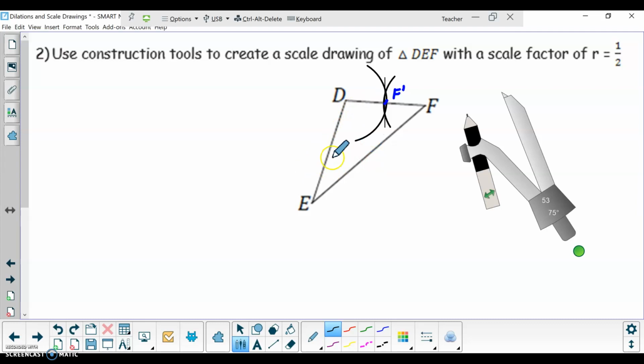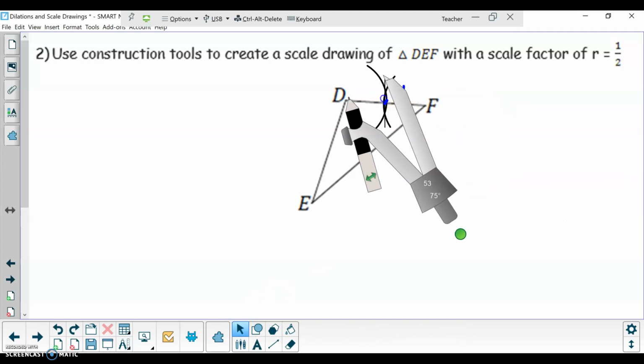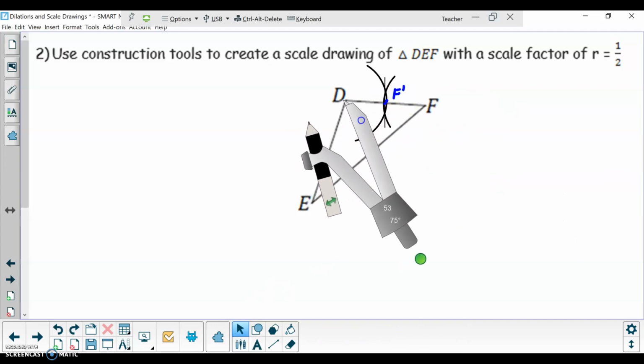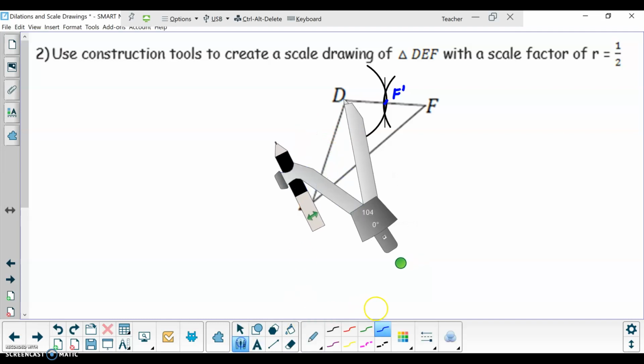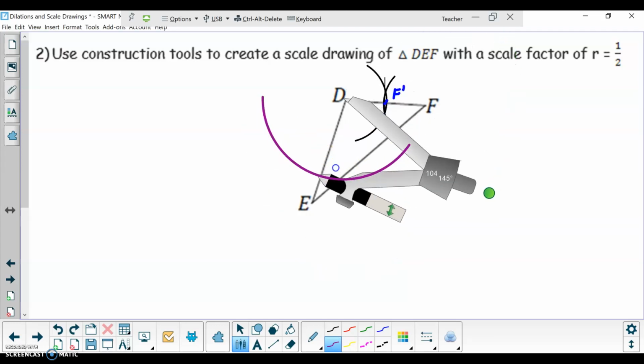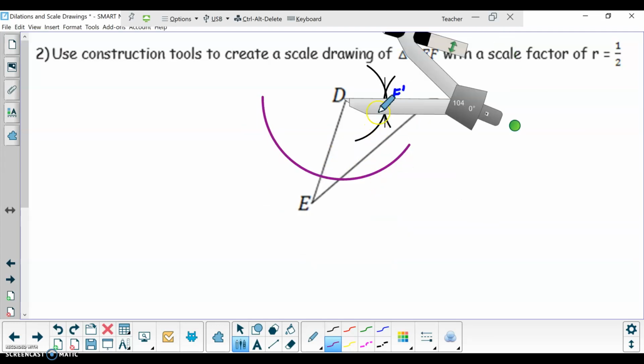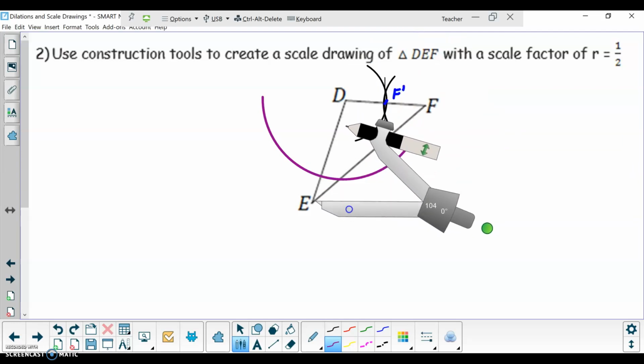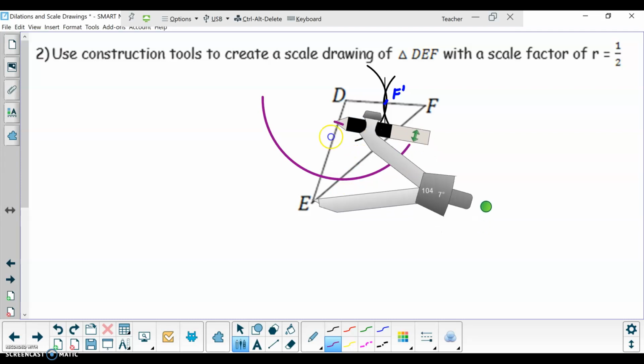Now I'm going to do the same thing to DE. Metal point at D, extend more than halfway, draw that arc above and below, turn it around, and do the same thing on the other side.